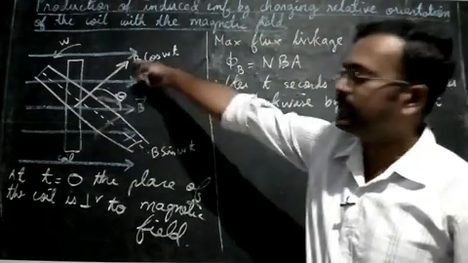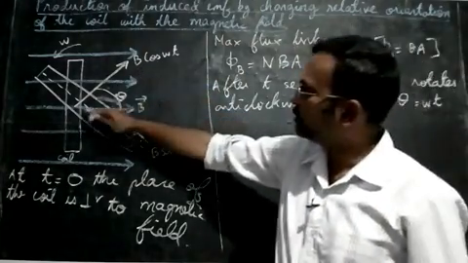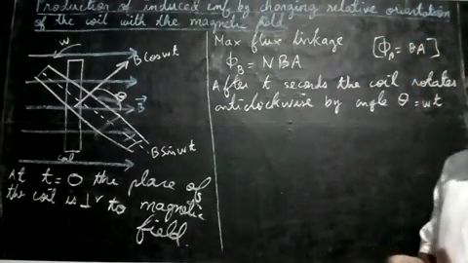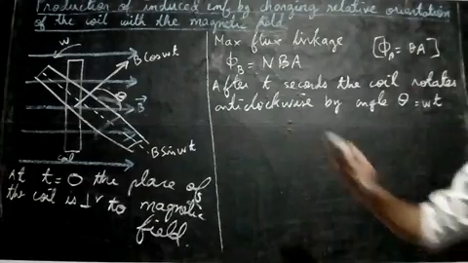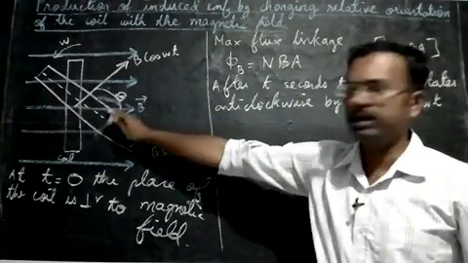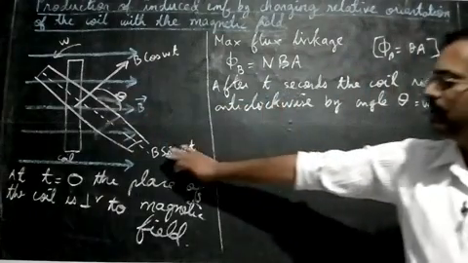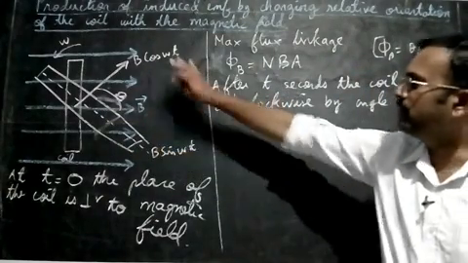So the magnetic field is split into two parts. Only B cos omega t hits the coil; B sin omega t does not produce any EMF, so we leave B sin omega t and take only B cos omega t.